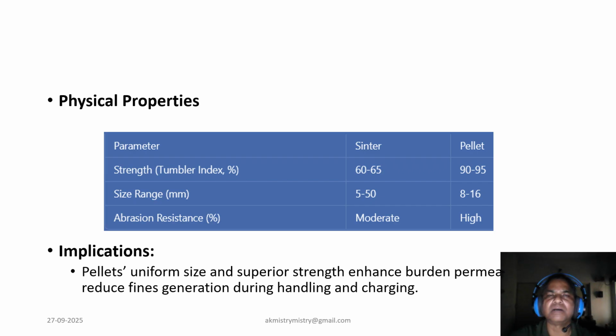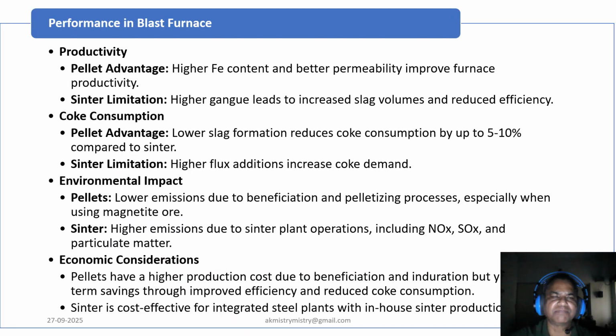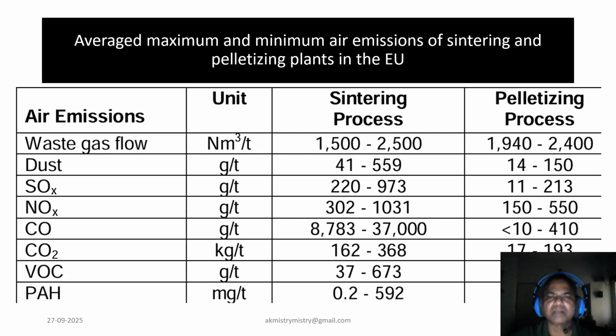Regarding coke consumption, pellets also have a distinct advantage because they form less slag, as we have seen, and they can reduce coke consumption by up to 5 to 10%. 5 to 10% less coke can be consumed, and these are basically the advantages and disadvantages of the sintering process and the pelletizing process.